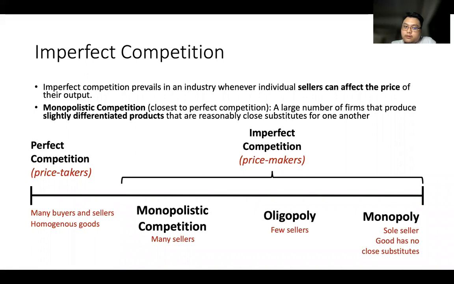Monopolistic competition. So let me just clarify before going through this diagram. That's closest to perfect competition. There's still a large number of firms, just like in perfect competition, but in this particular type of competition, monopolistic, there are slightly differentiated products, right?